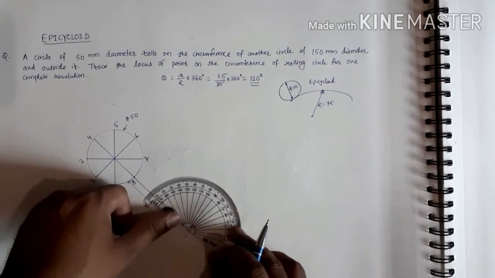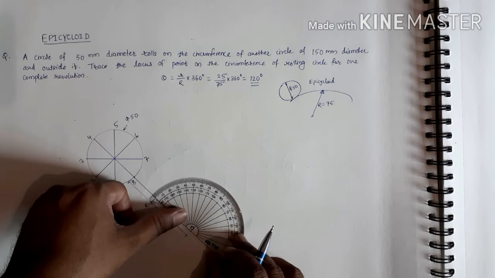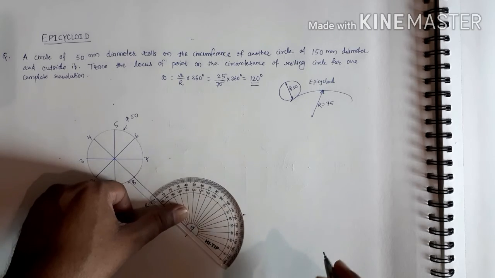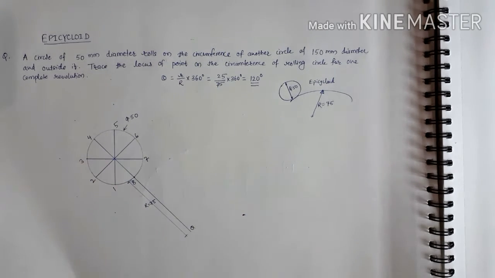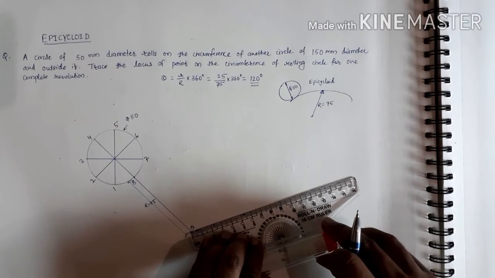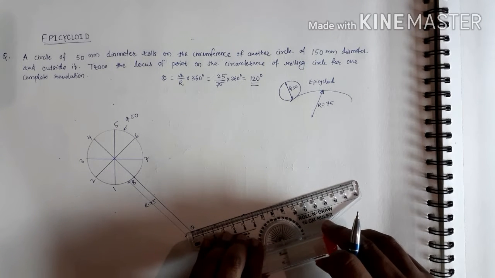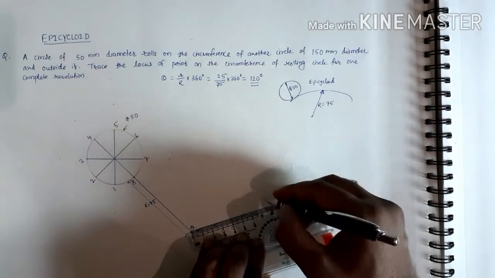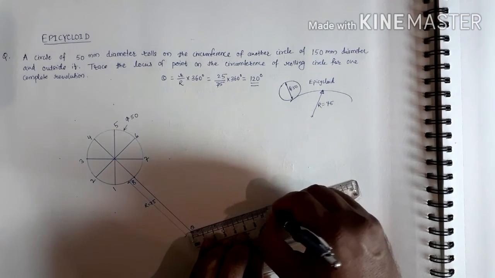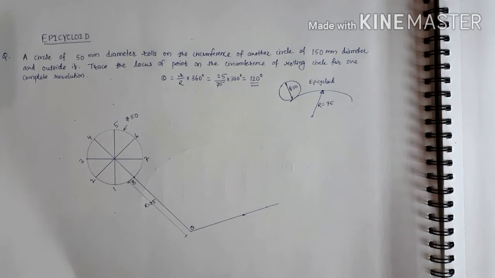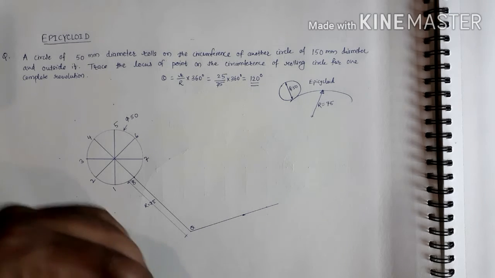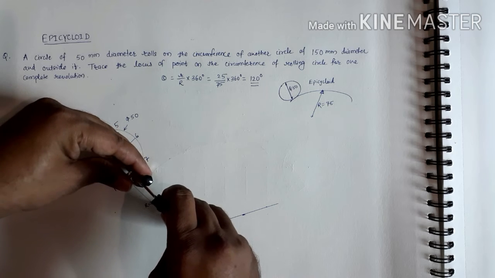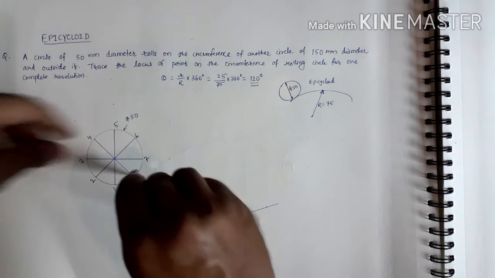Measure 120 degrees from point O. That 120 degrees will be divided in 8 parts again.